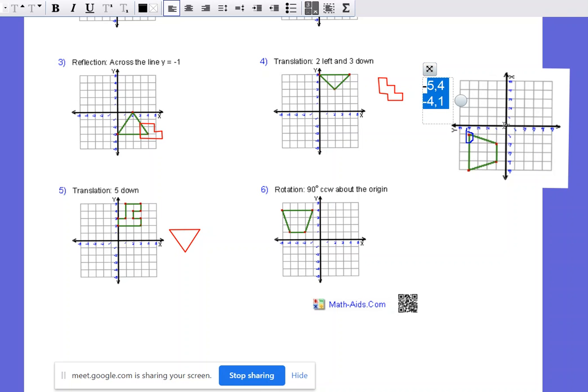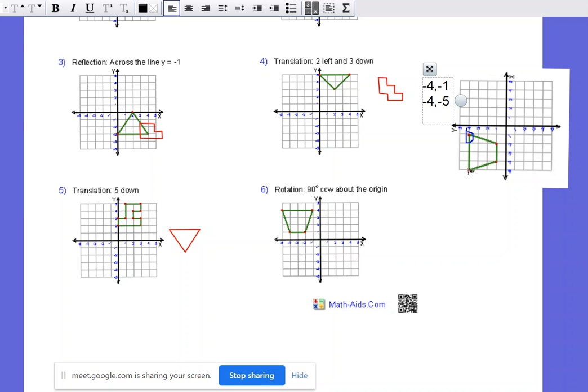So how far to the left of the origin did we go? -4, comma 1, I think. Yeah, we went down 1, so that's a negative. Oh, okay. All right. So what are the coordinates of this point right here? -4, comma -5. Totally agree with that one.